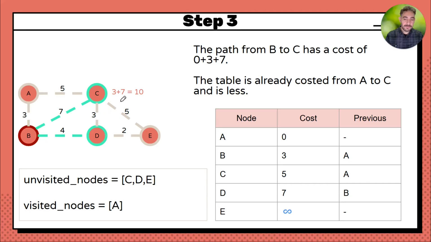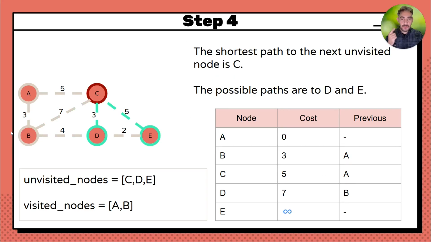So we only update the table if the cost is less. In this case, 5 is a lower number and 10 is a higher number, obviously. So we leave that as it is and we don't update the table. Now we can say we visited B and we won't be coming back to it, so we've added B to our list of visited nodes.